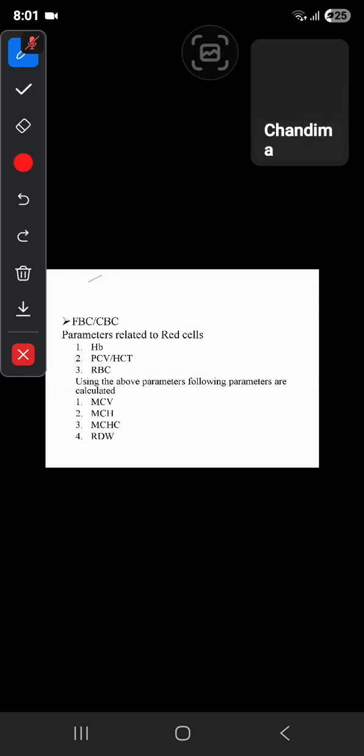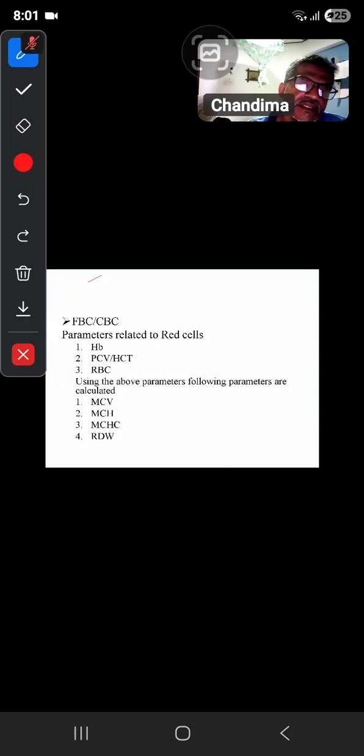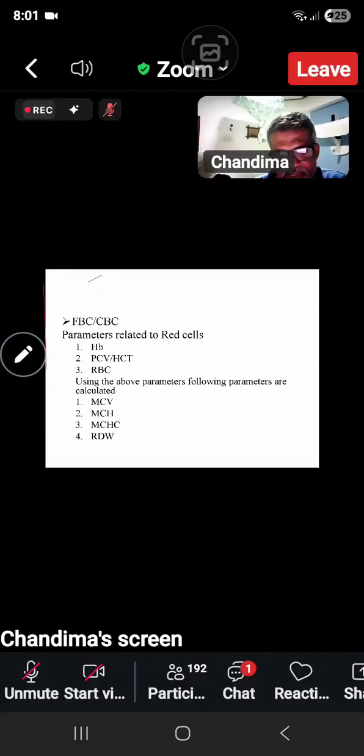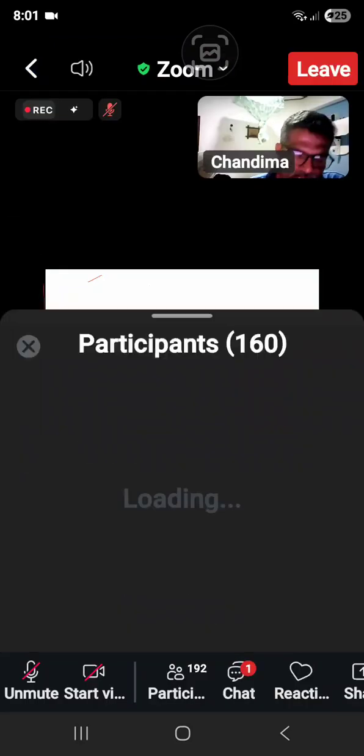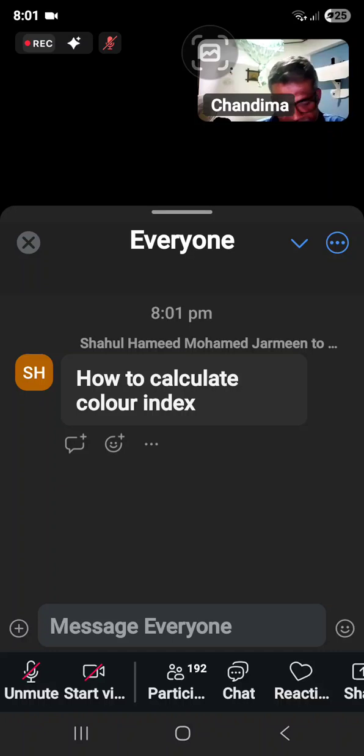Right. In that condition, what is going to happen to the MCV? If the PCV is low, according to the calculation, MCV is also going to be low, right? MCH is going to be low.